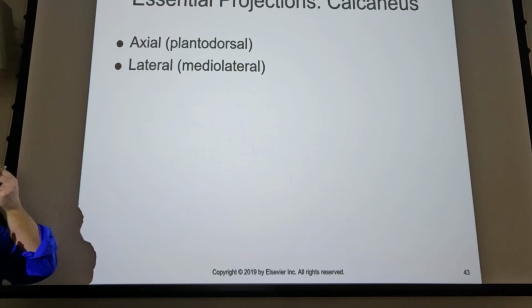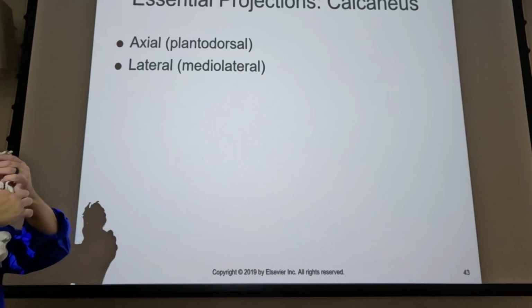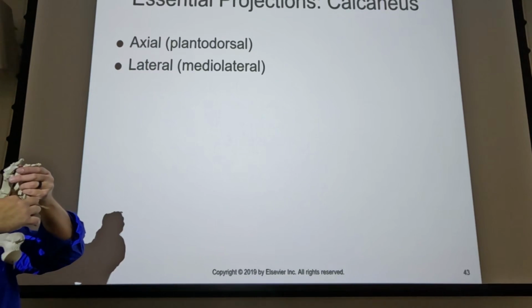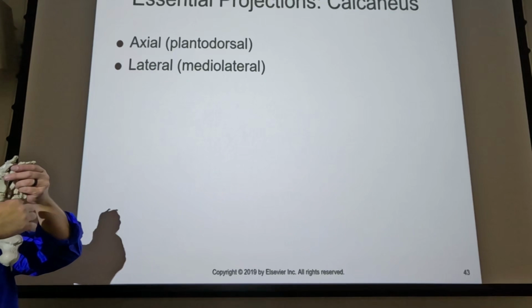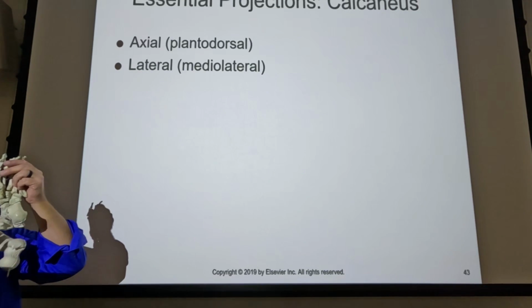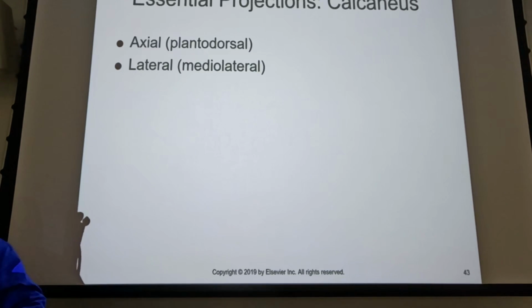But if you leave the angulation the way it was and your foot is plantar flexed, you're going to get increased superimposition of at least soft tissue, if not more bone, over the calcaneus. So if they can't get it back, then just increase your angulation. Try to come up under it.